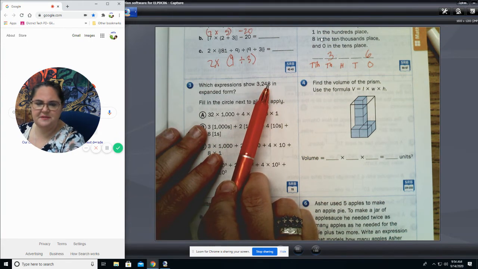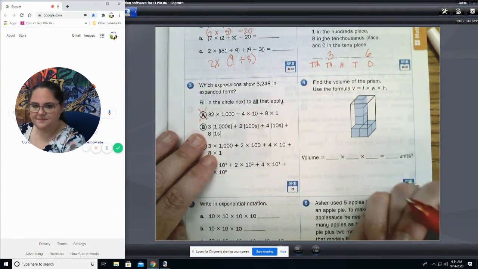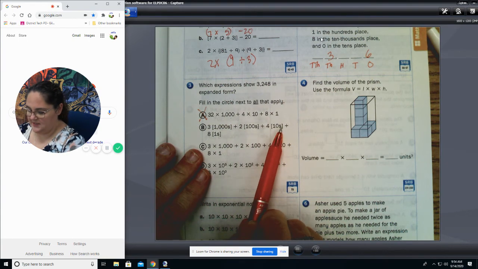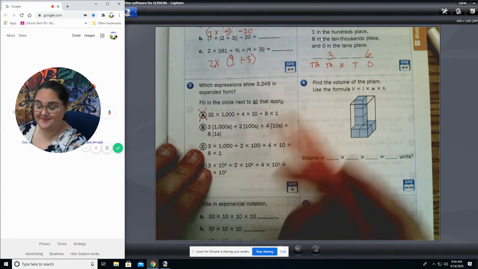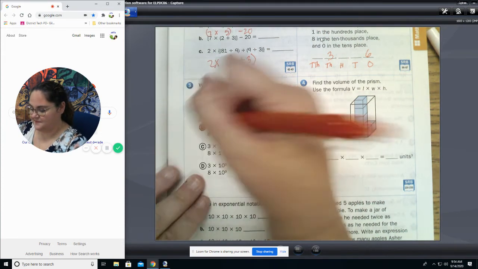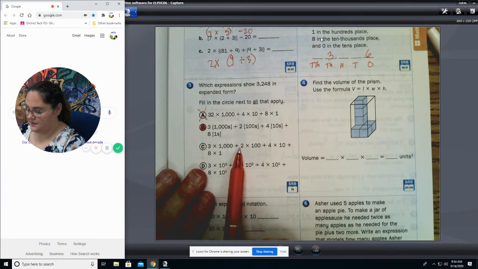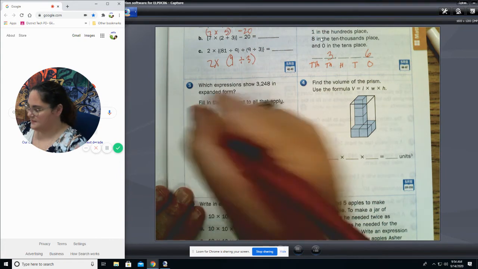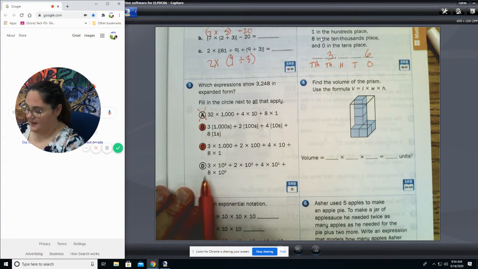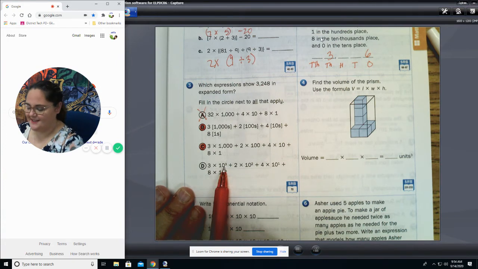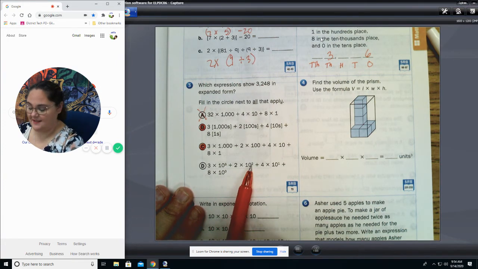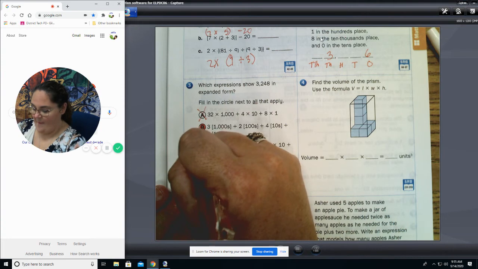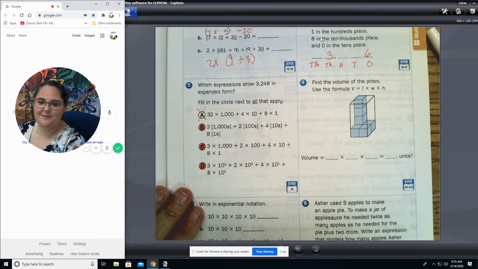That doesn't say 32,000. 3 times 1,000. 2 times 100. 4 tens. 8 ones. 3 thousands. 2 hundreds. 4 tens. 8 ones. 3 thousands, 2 hundreds, 4 tens, 8 ones. Your answer should be B, C, and D for that one.